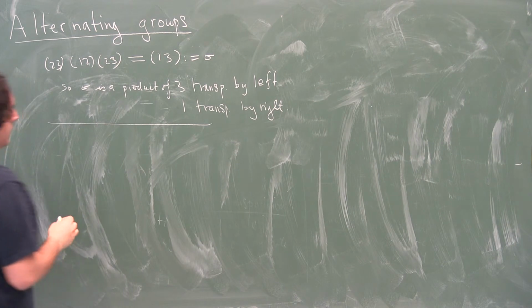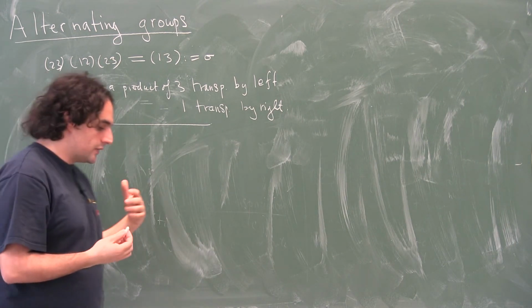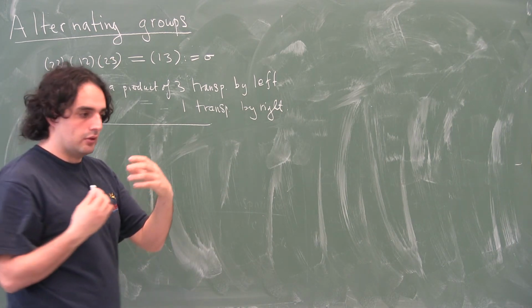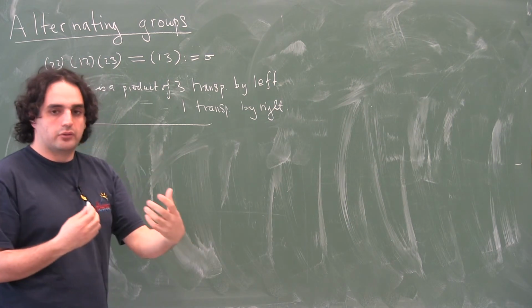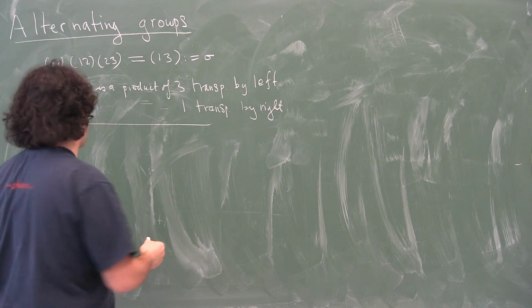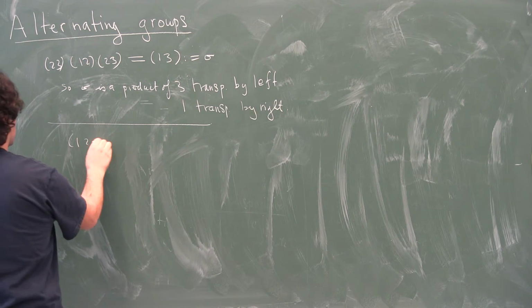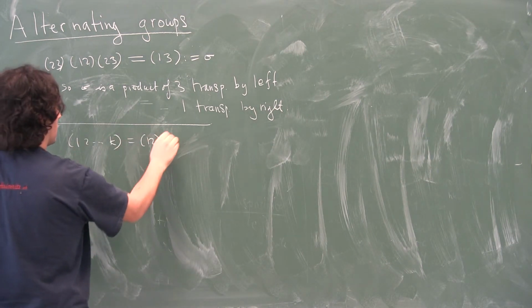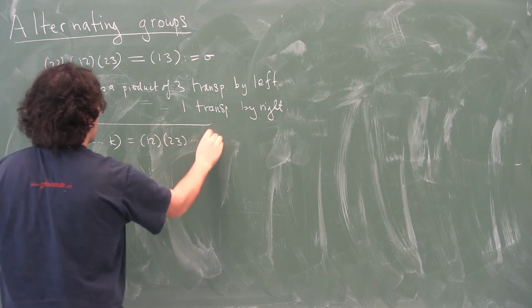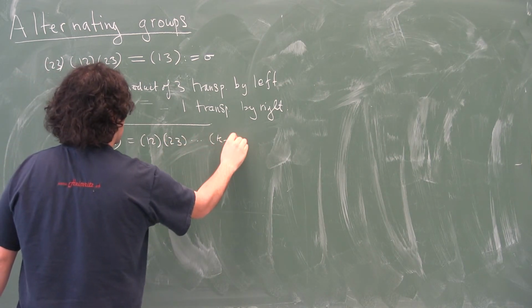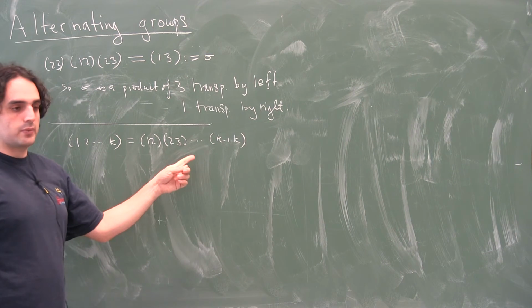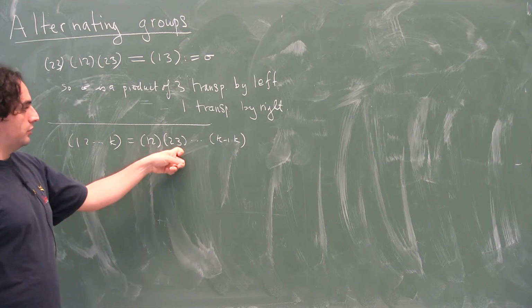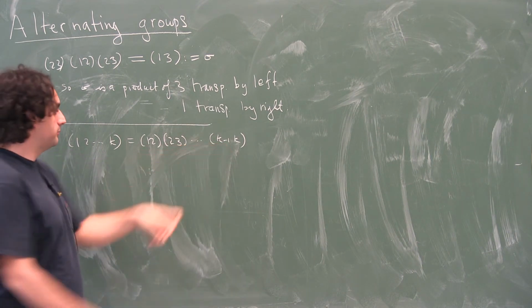Now, the other thing I want to tell you about even and odd is that when you have a permutation and its cycle decomposition, it's very easy to compute whether it's even or odd. So let's go back to our k-cycle (1 2 ... k), written as (1 2)(2 3) up to (k-1 k). How many transpositions are there here? k minus 1.